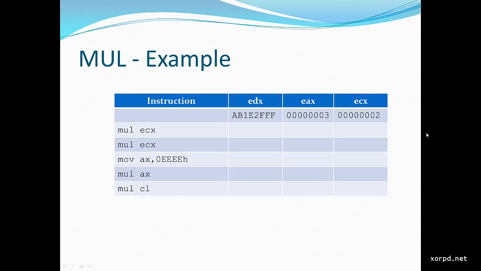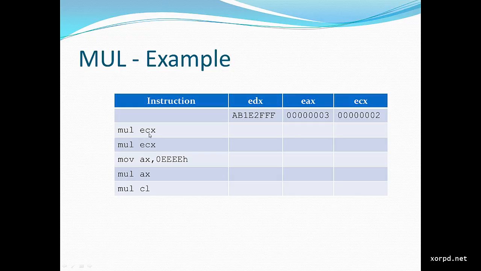Example for the mul instruction. We assume these initial values inside EDX, EAX, and ECX. We intentionally put EDX and EAX next to each other so you can see the full numbers here, because usually EDX extends EAX. We begin with the first instruction, mul ECX.